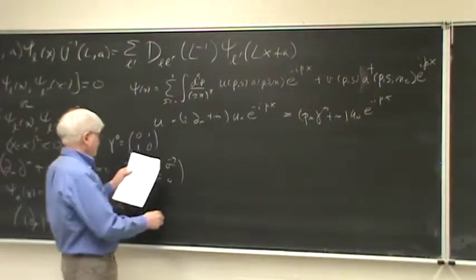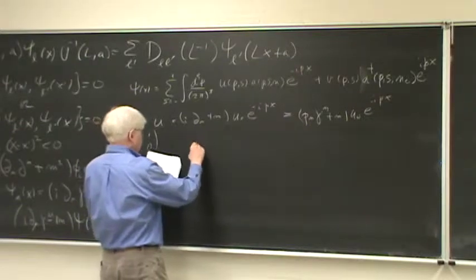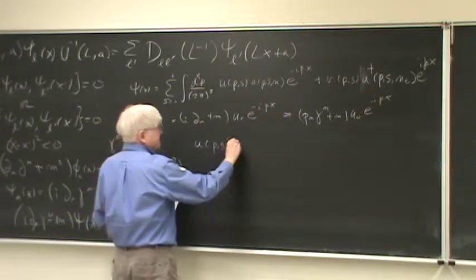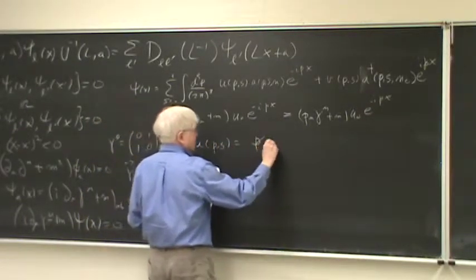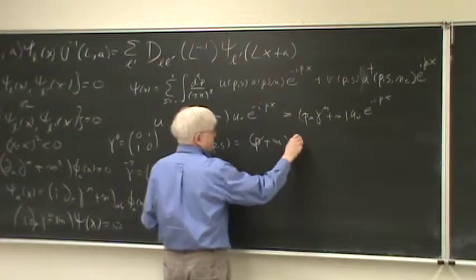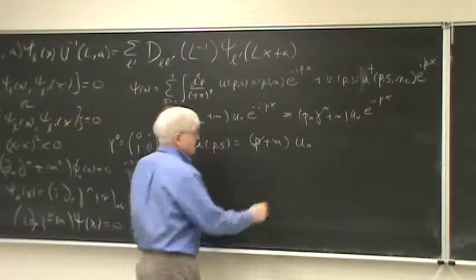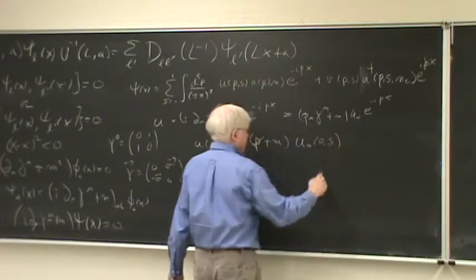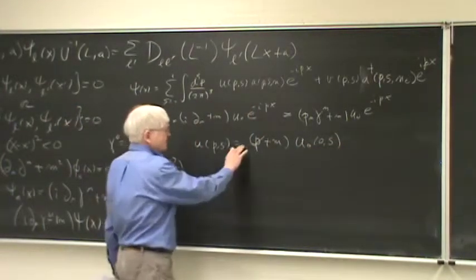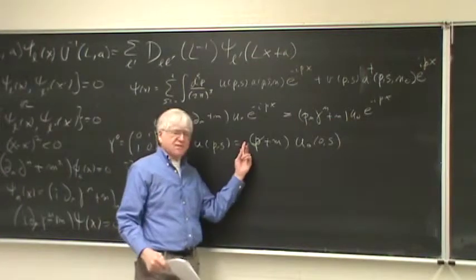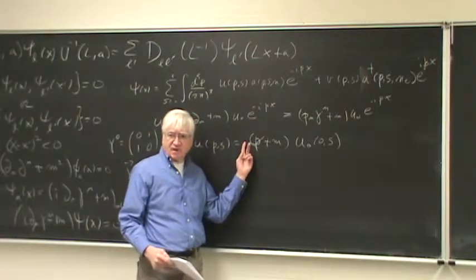And so U of P and S then is P slash plus M on something or other. And that would be some U0, or I should say proportional. The proportionality factor could depend upon the energy.